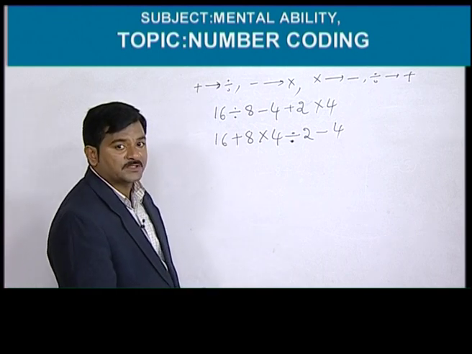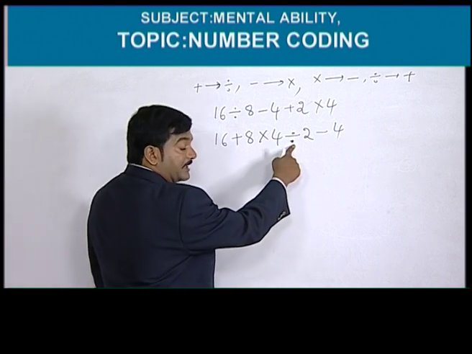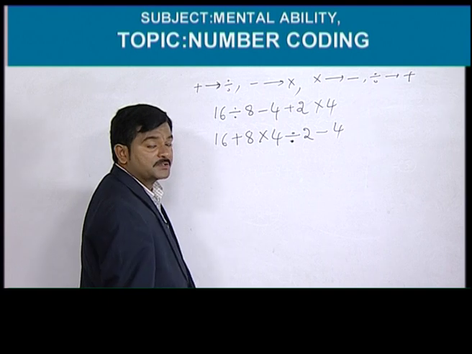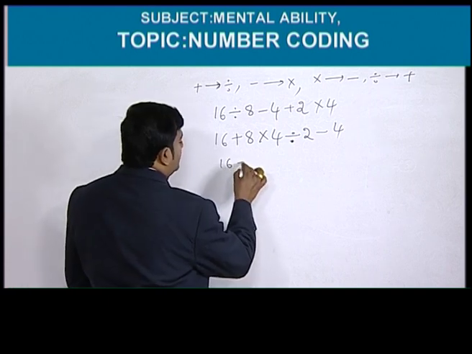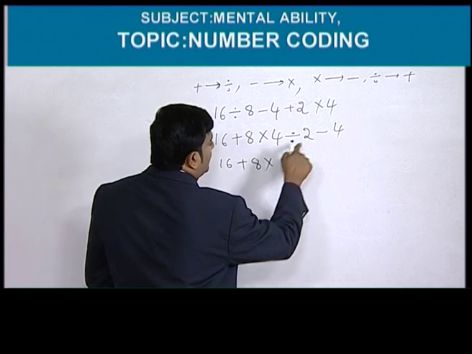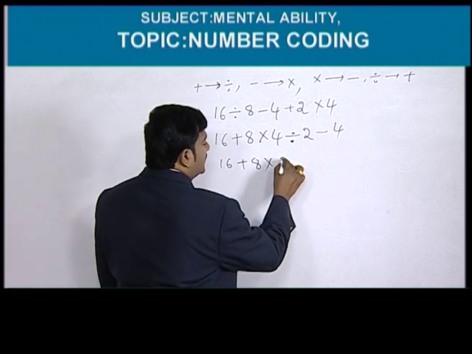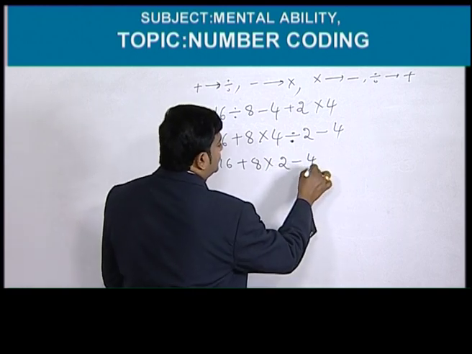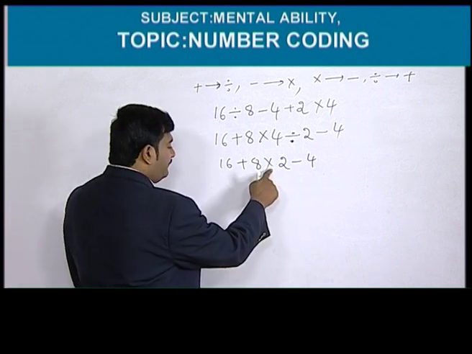So now we will simplify one by one. First, what should we do? According to the BODMAS rule, first we have to do the division. What you will get? 16 plus 8 into 4 divided by 2. I am dividing 4 by 2. How much will I get here? 2. Minus 4. Division part is finished. Next I have to do the multiplication.